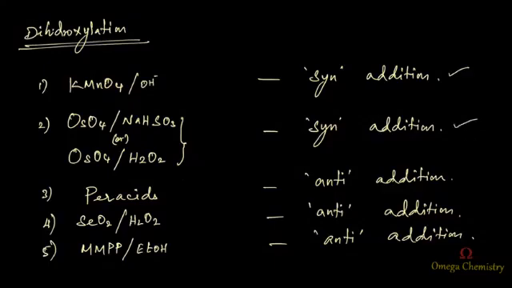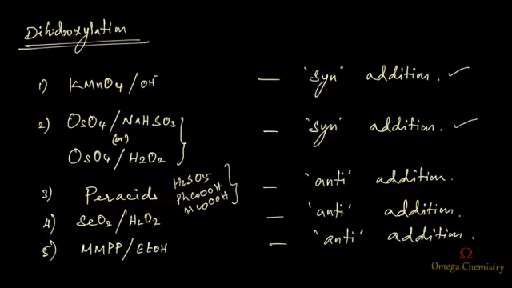Whereas peracids like Caro's acid, H2SO5, perbenzoic acid, and HCOOH, any of these acids if I take, it will always cause anti-addition. Selenium oxide in the presence of hydrogen peroxide will also cause anti-addition.